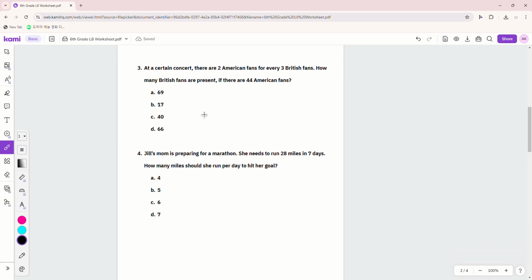For number 3, it says, at a certain concert, there are 2 American fans for every 3 British fans. How many British fans are present if there are 44 American fans? So, there are 2 American fans for every 3 British fans. And if there are 44, how many British fans will be present?